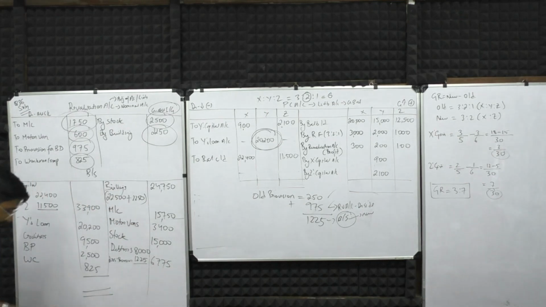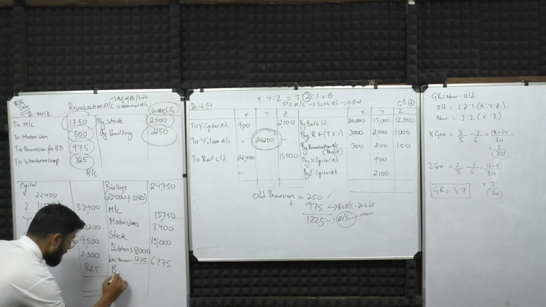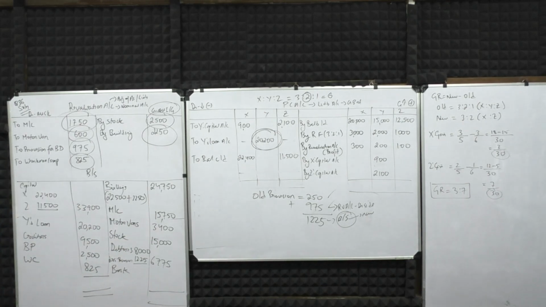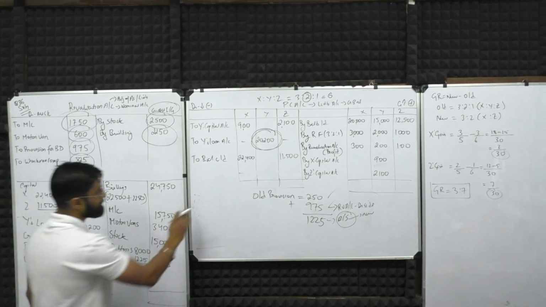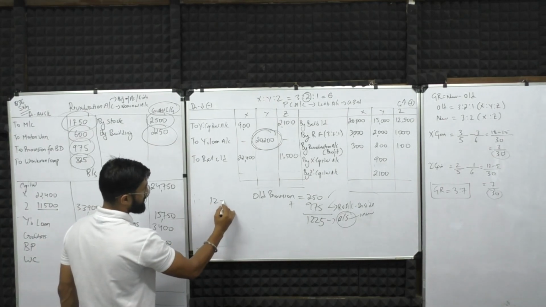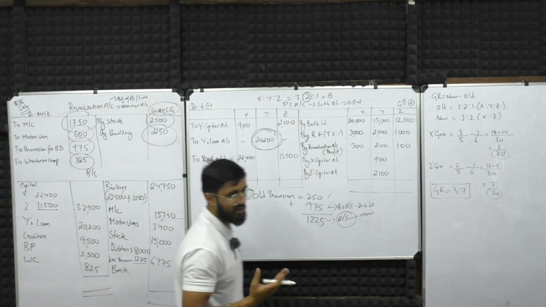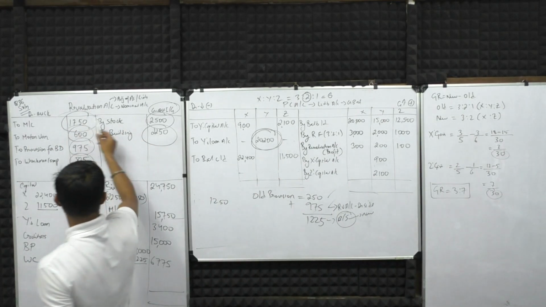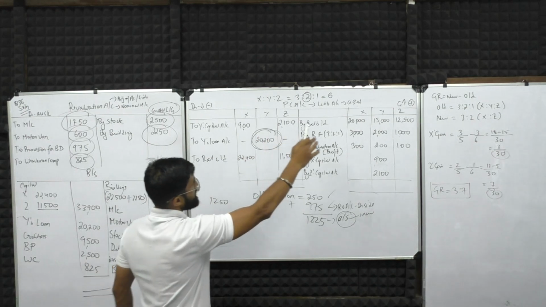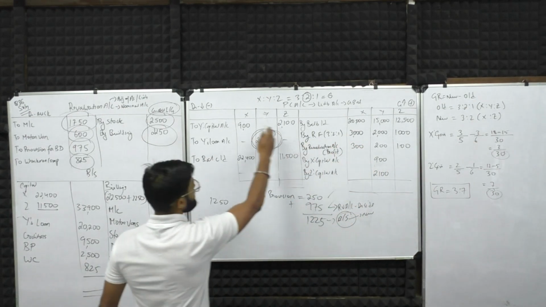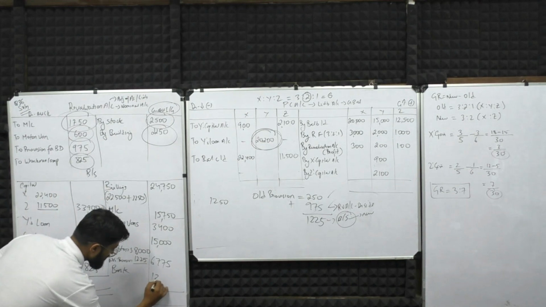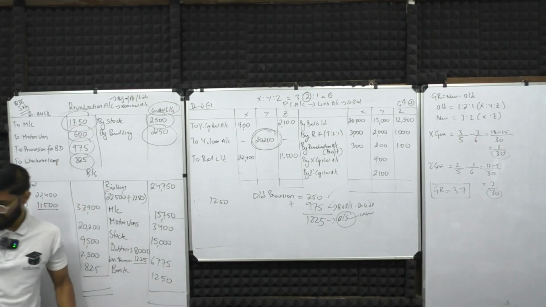6775. Next here, cash at bank. The bank opening balance is 1250. There is no change in the bank balance in the revaluation.